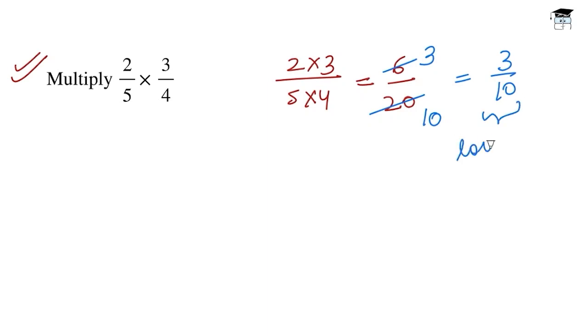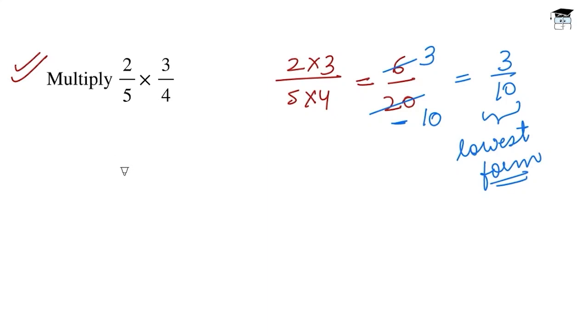And this is known as the lowest form. So whenever you multiply two fractions, after finding the answer, you have to check if it is in the lowest form. If it is not, then you have to convert it into the lowest form. Now don't worry. Let us practice more questions because practice makes us perfect.